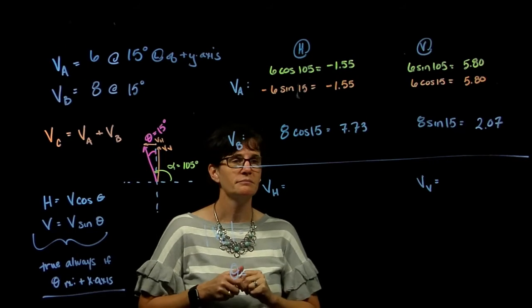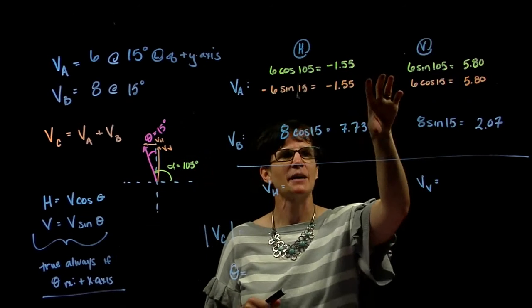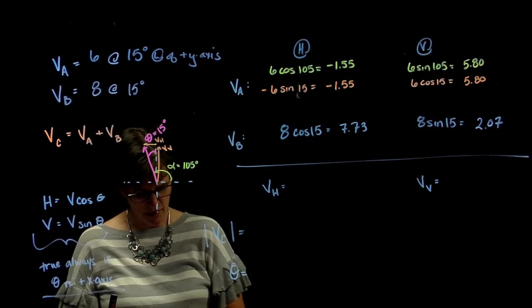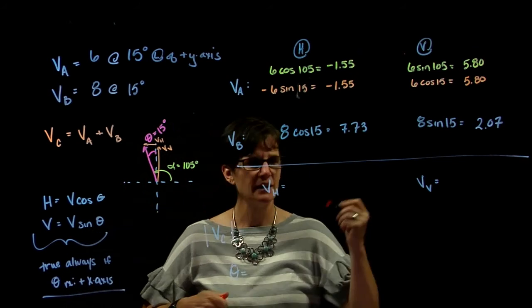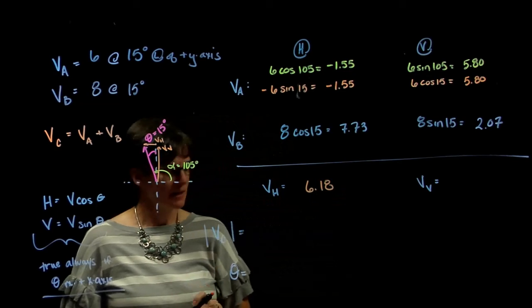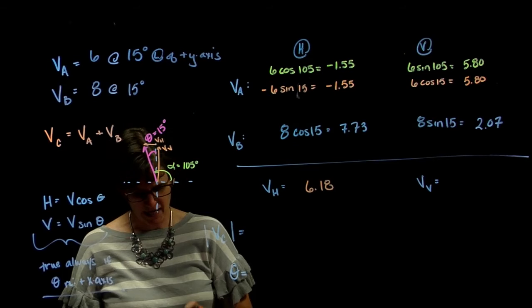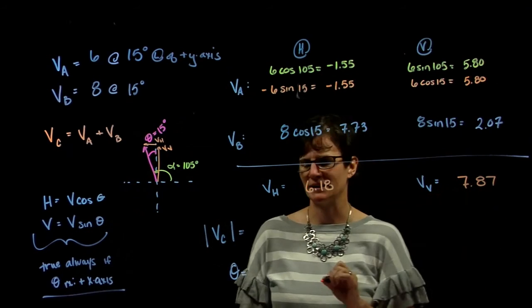Now we can move on with the same process we've always been doing. I add my two horizontal and vertical components. I have 7.73 plus a negative 1.55, and I get 6.18 horizontally, and 2.07 plus 5.8, and I get 7.87 vertically.